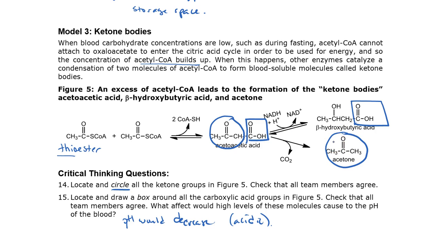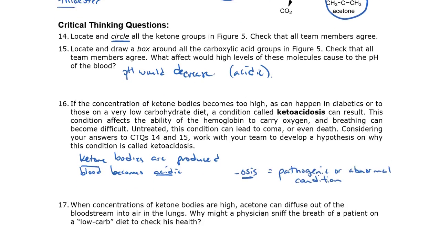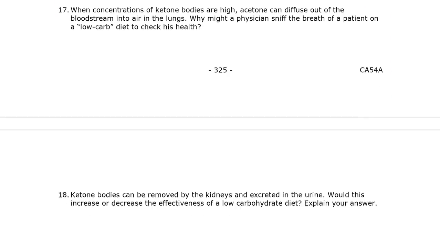You probably know what this smells like. It smells like fingernail polish remover. Fingernail polish remover, most of that has acetone, and even if it doesn't have acetone, it has the ester ethyl acetate, which smells similar. If you smell someone's breath and it has acetone, that's pretty much an indicator that you have a high concentration of acetyl-CoA being there, and therefore not enough carbohydrates, and so that could indicate a dangerous condition.